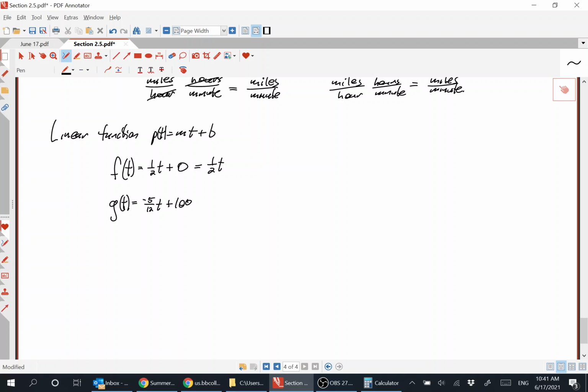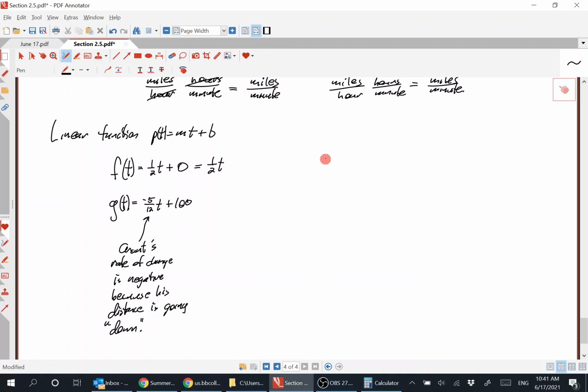His distance at time 0 is 100. Grant's rate of change is negative because his distance is going down.